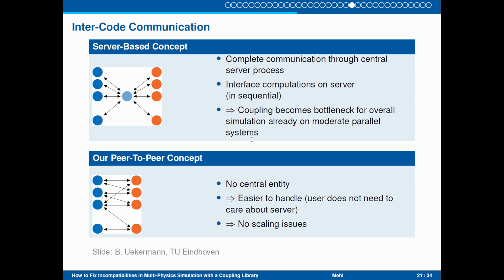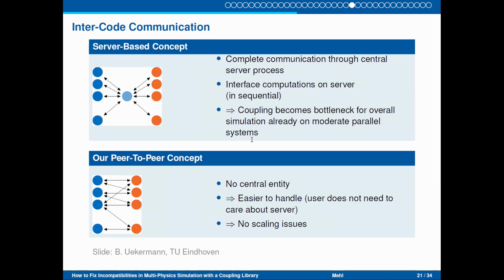If you imagine you use the world's largest supercomputers with a few million cores, and a million cores send their data to one central instance and back, this doesn't work. We showed that it even didn't work for 32 nodes at the supercomputer in Munich. So it's a very low amount of parallelism that you can achieve with this approach.